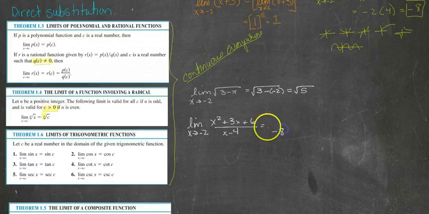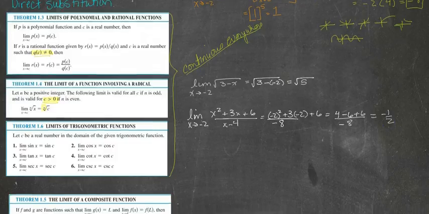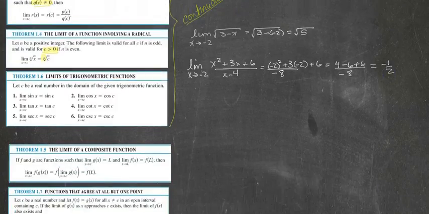So that means I have cleared my caution, so now I can just plug -2 straight in. So I have -2 squared plus 3 times -2 plus 6, which is 4 minus 6 plus 6, over -8, which is -1/2.